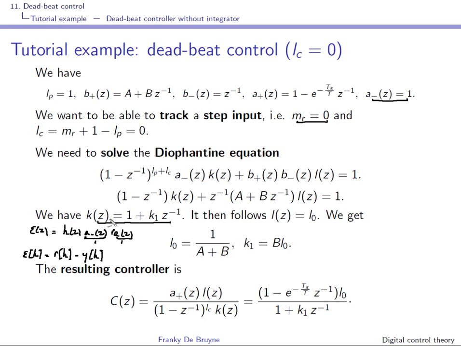You can choose KZ in order to shape the closed loop response, but what we have done here is choose the KZ of minimal degree in the variable z minus 1, and then you have to choose LZ in consequence to find a solution of the Diophantine equation, and this leads to this design. What you could do is take a higher order polynomial KZ to shape the response in a different fashion, right? But this will become a little bit more difficult then.